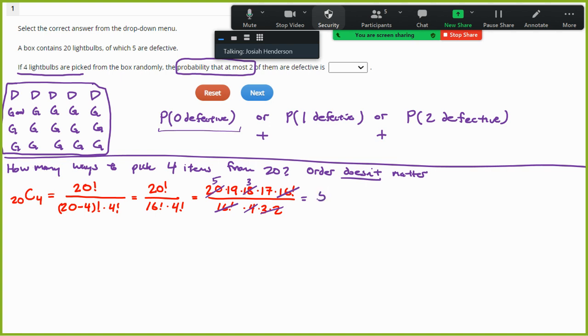So now we're left with 5 times 19 times 3 times 17. That's 4,845. This is giving us the denominator of our probability. This is telling us how many ways there are to pick 4 items randomly from the 20.